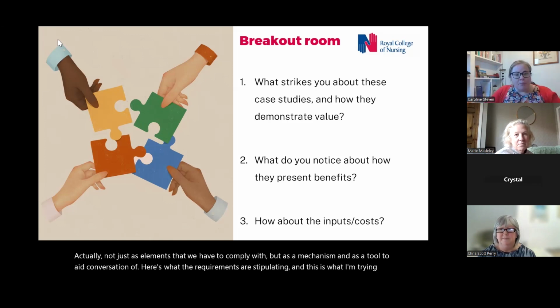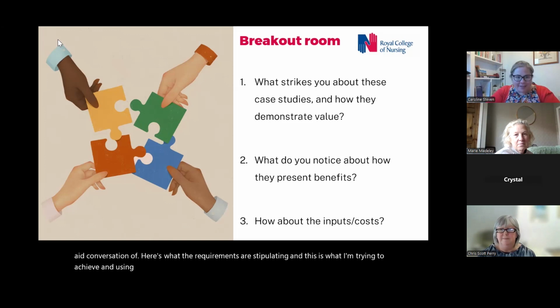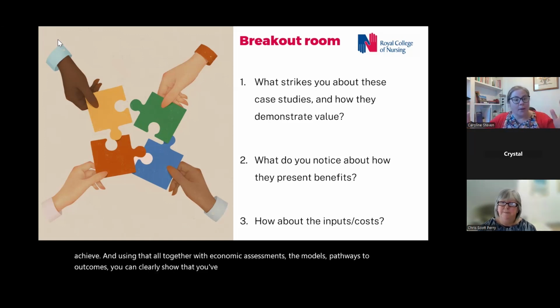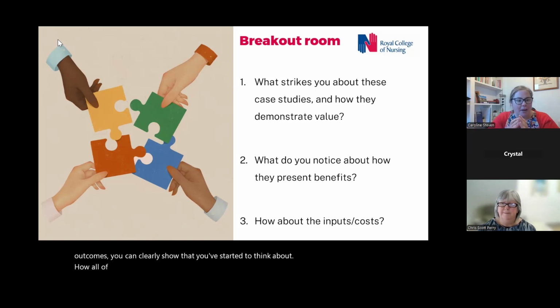Using that together with economic assessments, the models, and pathways to outcomes, you can clearly show that you've started to think about how all of that together could make a difference to their organization.